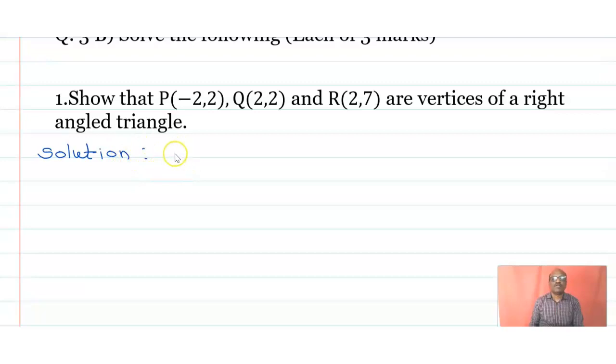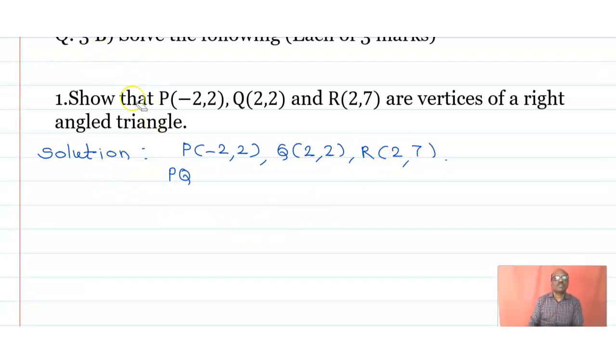Now we'll find out PQ. The points are P(-2, 2), Q(2, 2), and R(2, 7).